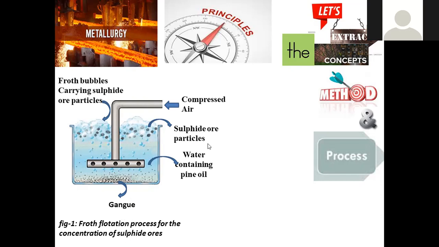Most probably sulfide ores, being the least dense when compared to the gangue particles, get floated on the surface, and they will be concentrated in this manner. This is the process called froth flotation.